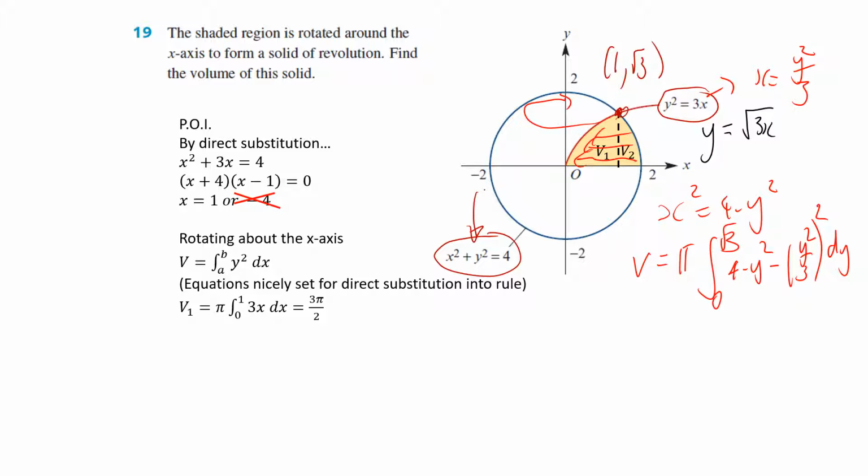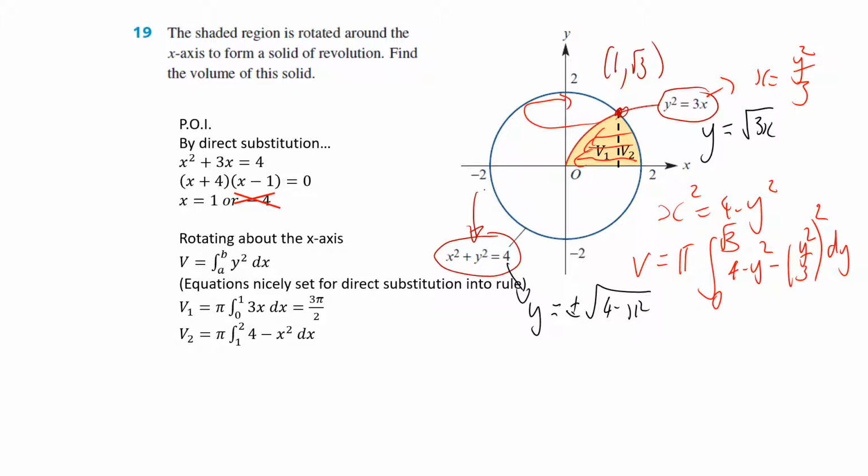V2 is integrating from 1 to 2 for my circle rule. Okay, so making y squared the subject, it leads quite nicely to 4 minus x squared. So again, you might think of that as making y the subject, plus or minus the square root of 4 minus x squared, and then you're squaring the rule, but you get back to where we started from.